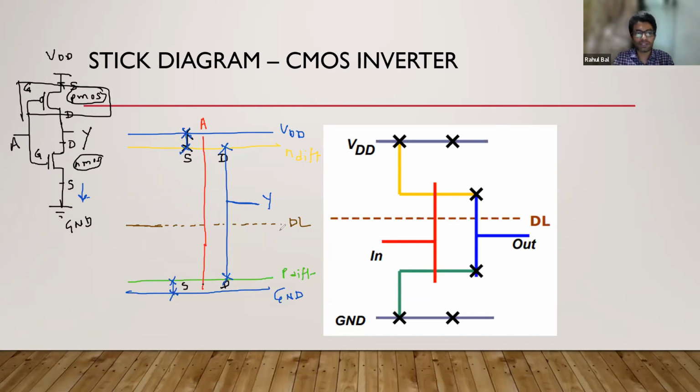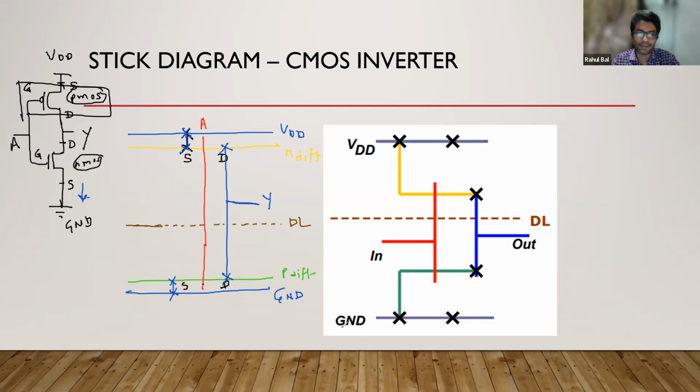Understood? So these both diagrams are the same only. I have drawn this in a slightly different manner, but they are the same. Here they have mentioned the input. I have taken it from one of the CMOS books, where they have mentioned it like that. But it's fine, we can do it this way also.